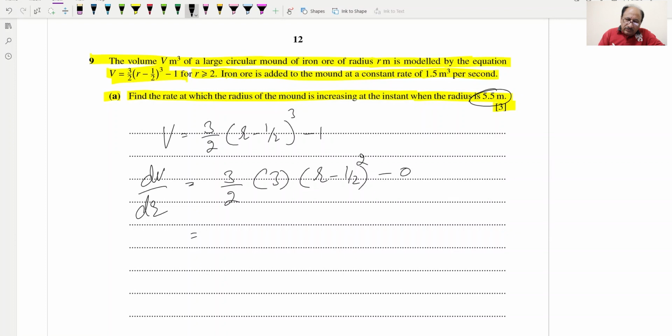So after multiplication it will be 9 by 2 into (r minus 1 by 2) squared. This will be our dV over dr.